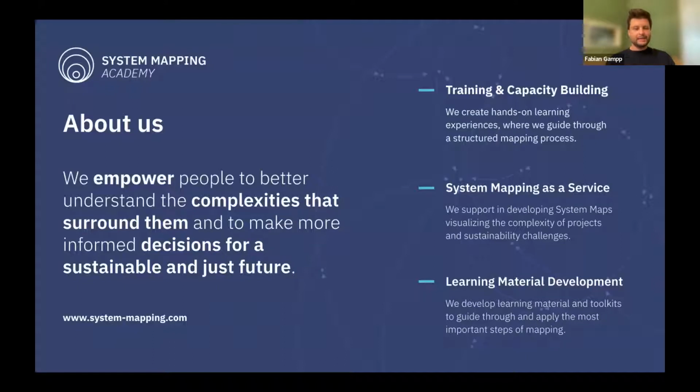What we just wanted to share is a bit about our background and how we came to system mapping. Basically, I'm coming from the field of design and was always wondering where the design and the system mindsets can fit together, because I think design is really focused on people and system thinking is really focused on systems. I was always interested in how they can come together to use the potential of both.